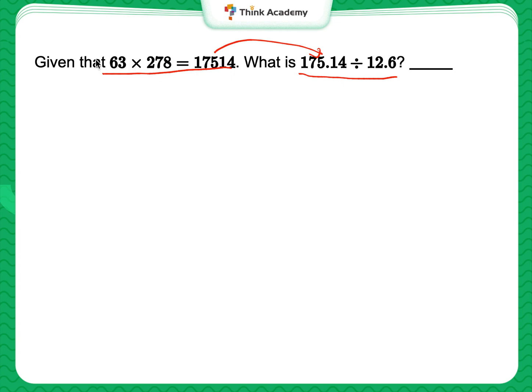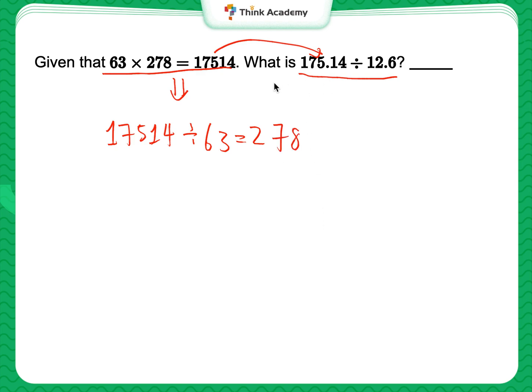It is definitely more related to 63 because 126 is double 63, right? So we can just try to rewrite this first equation as 17,514 divided by 63, and that's equal to 278.